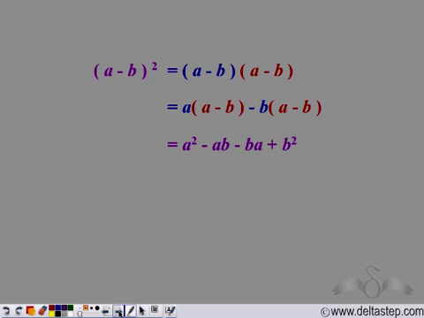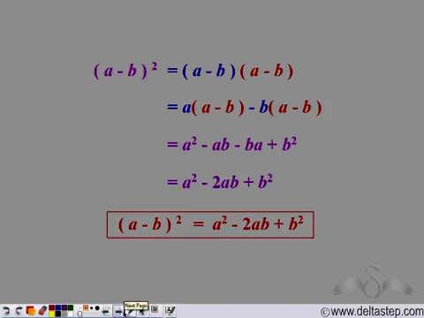A into negative b gives us negative ab. Negative b into a gives us negative ba. Negative b into negative b gives us plus b square. So these are like terms and we can combine them to form a square minus 2ab plus b square. So this is also a special identity. And whenever we have something in the form of a minus b whole square, we can directly use this identity.